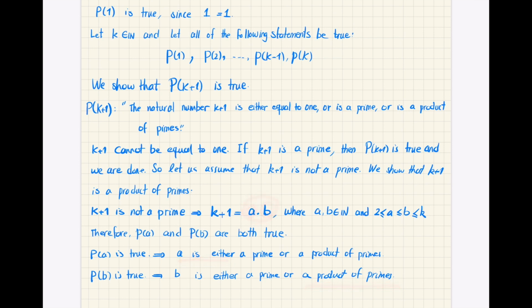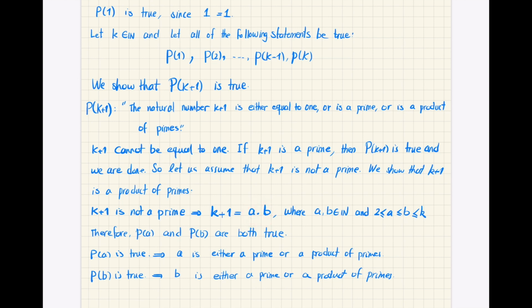The same scenario goes on when A is a product of primes and B is a prime. And finally, if both A and B are products of primes, so this new product, which is k plus 1, is again a product of primes, and we are done.